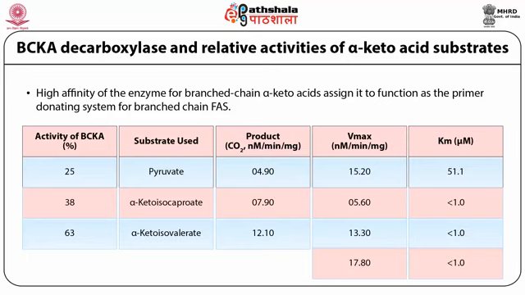As well as, the alpha keto beta methyl valerate is the substrate which is highly specific, as 100% activity of BCKA was observed with 19.7 nanomoles of product formed per minute per milligram of protein.